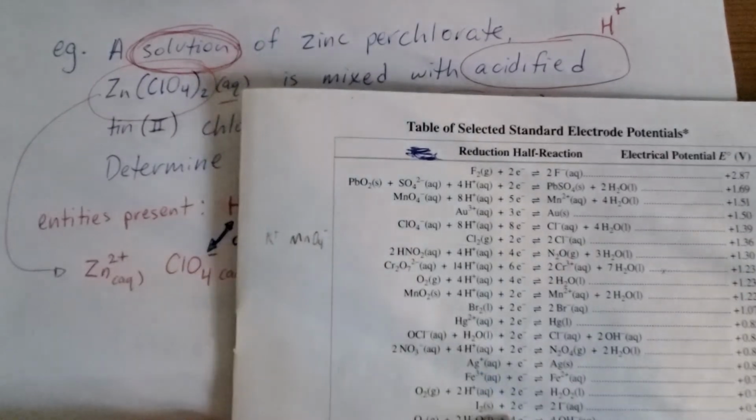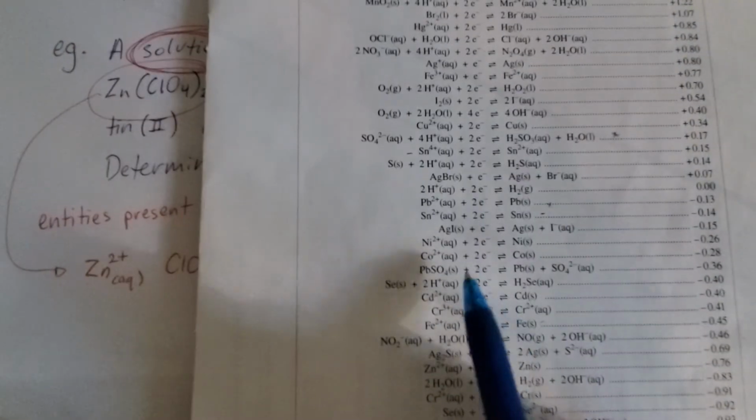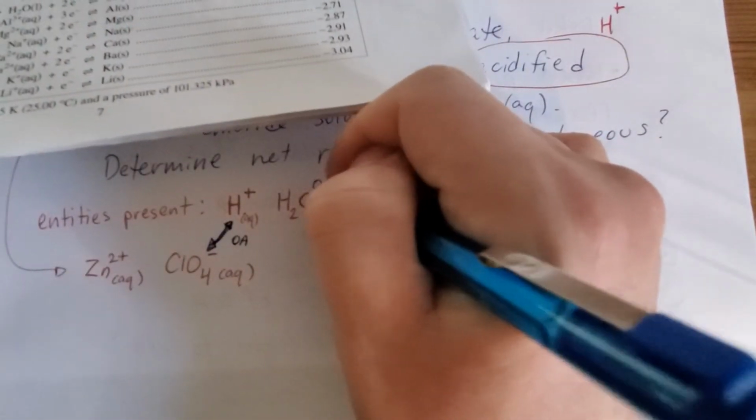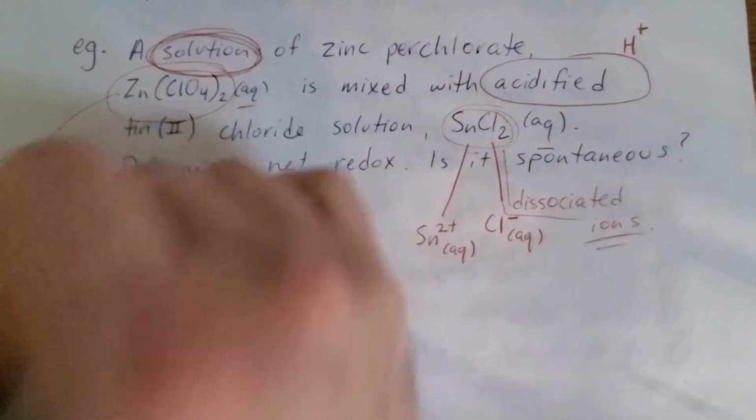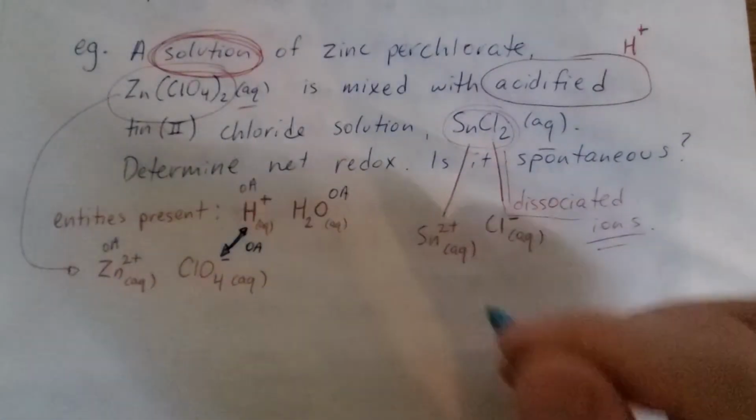Okay, moving down, I kind of know what I'm looking for, so I'm going kind of fast. I know water is an OA. So I know H+ by itself is an OA. Zinc 2 is an OA near the bottom. And tin 2 is an OA as well.